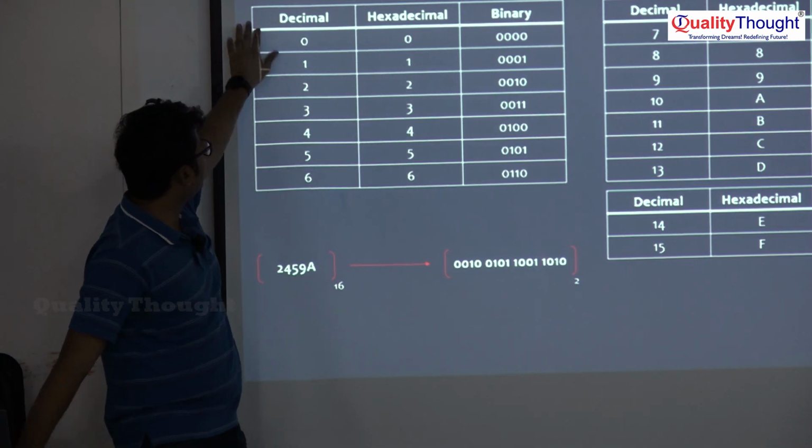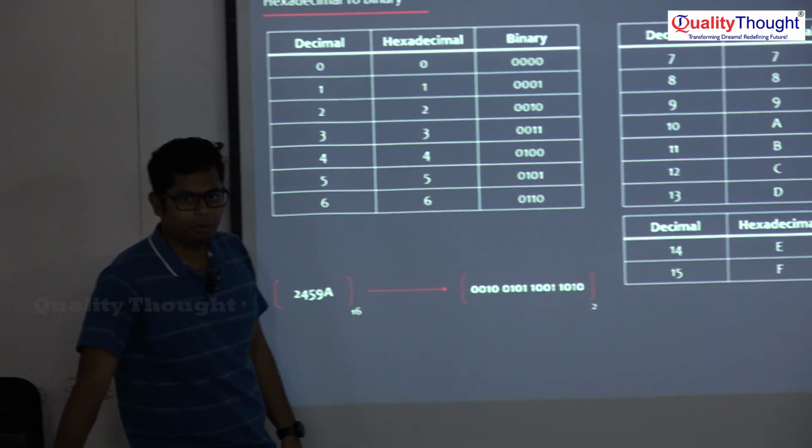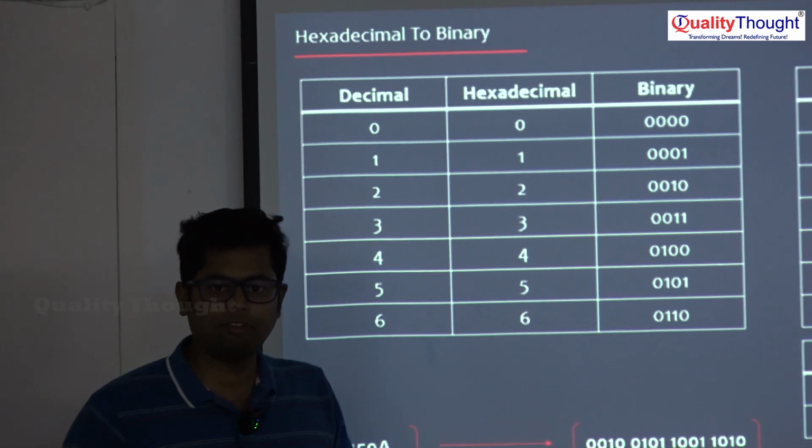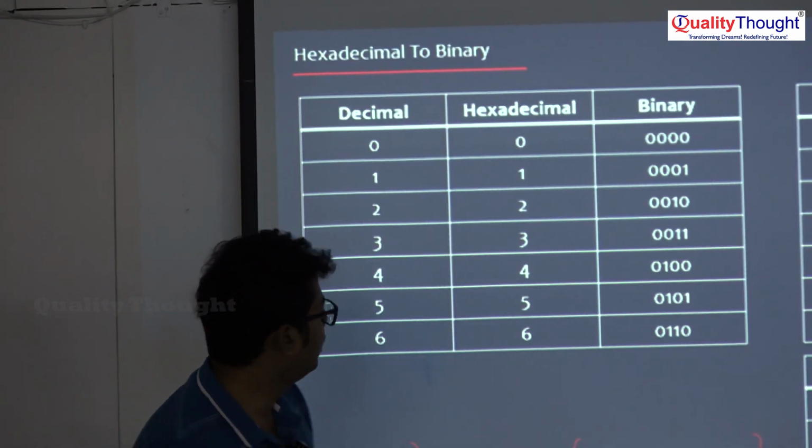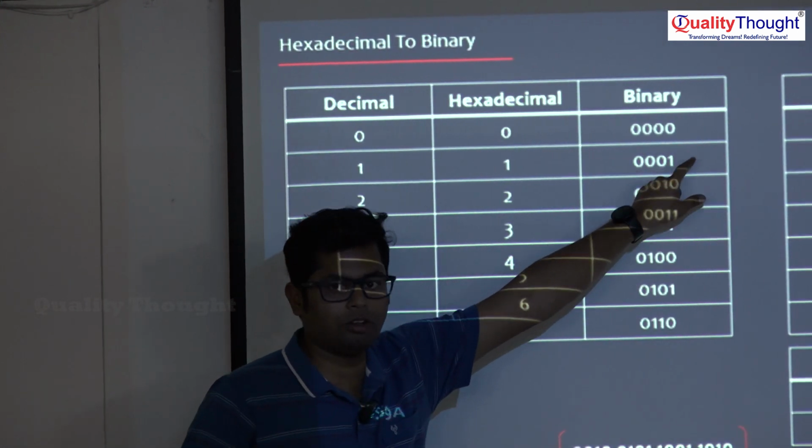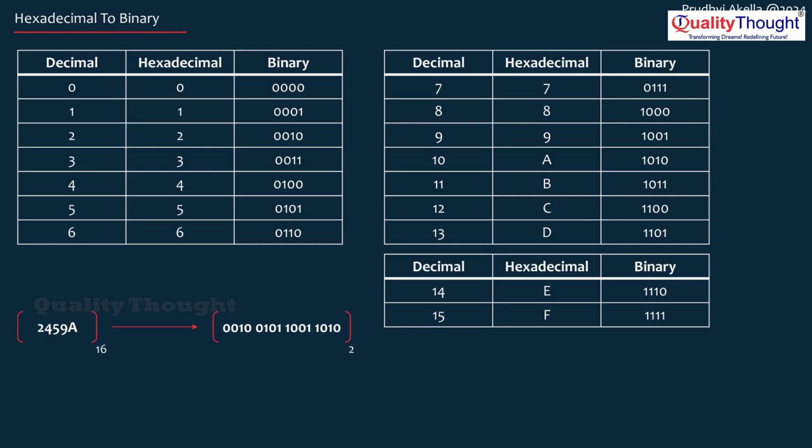So now hexadecimal to binary. Hexadecimal to binary is a 4-bit representation, as simple as that. For 0 it's going to be 0000, and for 1 it's going to be 0001. For 2 it's going to be 0010. You take 3 bits till 7, it's going to be 0111, correct?